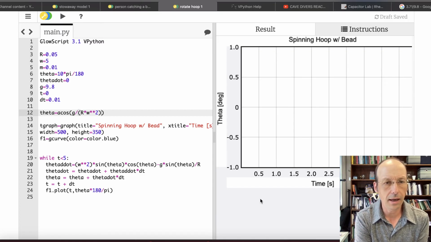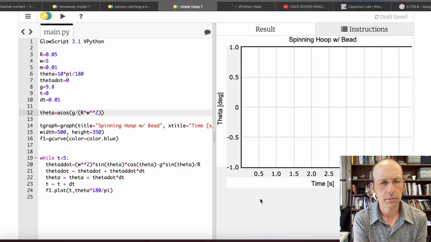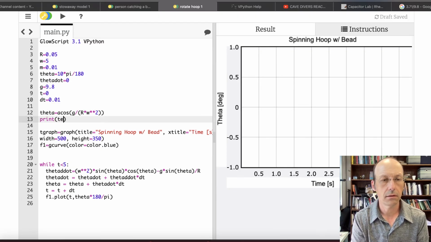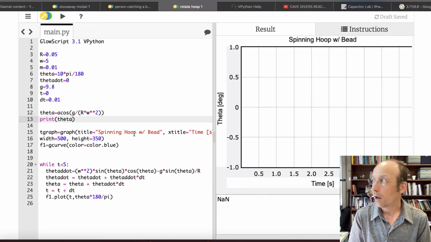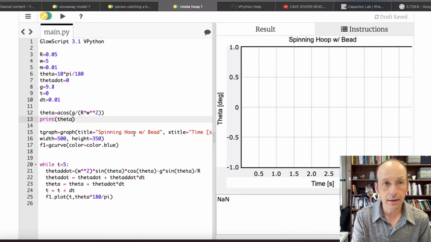Theta equals a cos of g. Let's print that. Oh, it's not a number. G over r times omega squared. So I guess my omega is too high.